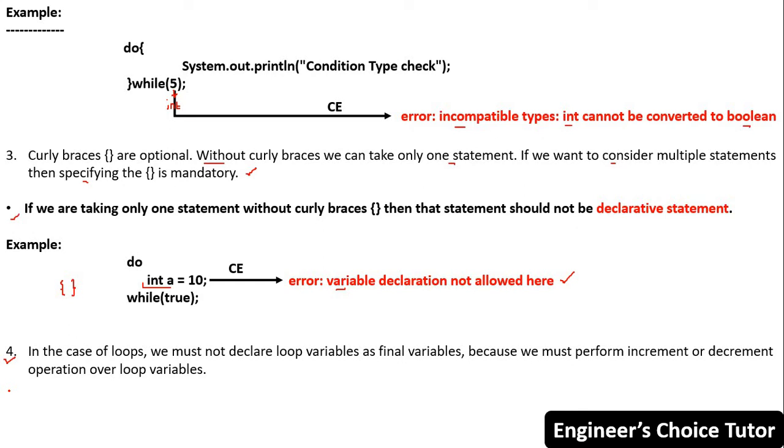If you do so, increment or decrement operation over the loop variable, that is final, is not possible, and you will get compile time error saying cannot assign a value to final variable. Fine. So basically what is the reason? Because final variable's value cannot be changed. So make this point clear, and keep this in mind that in case of the loops we cannot declare loop variables as final variables, because we must perform the increment or decrement operation over loop variables. Fine with this point? Now let's see the next rule.